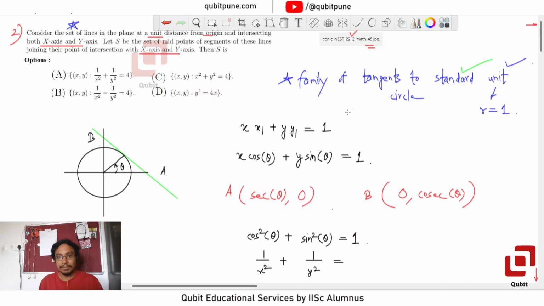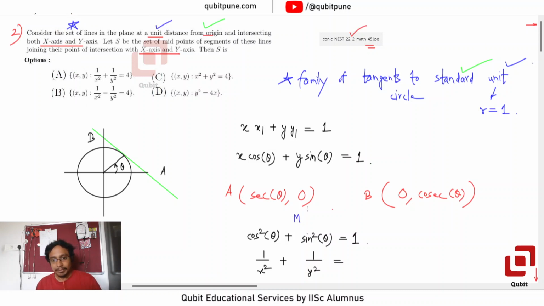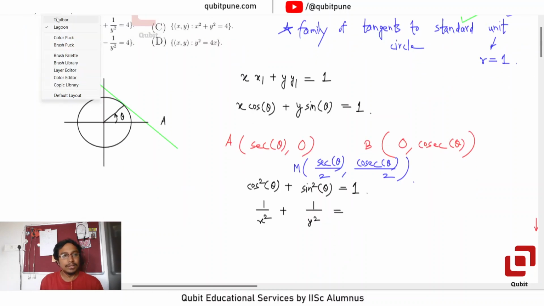Just a moment. The midpoint is what we need. The midpoint will be sec theta by 2 and cosec theta by 2. Sorry, my bad. Okay, so now I think 4 will come there.